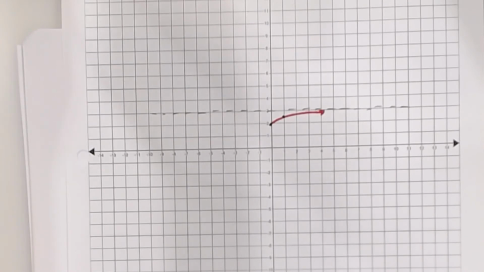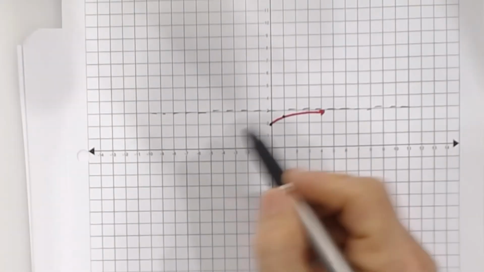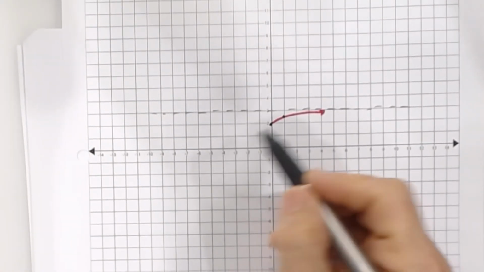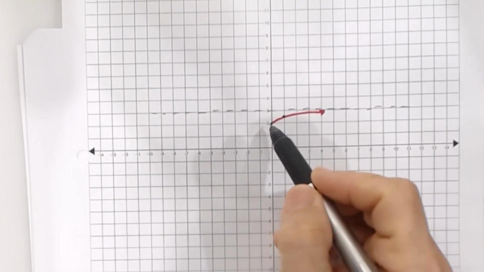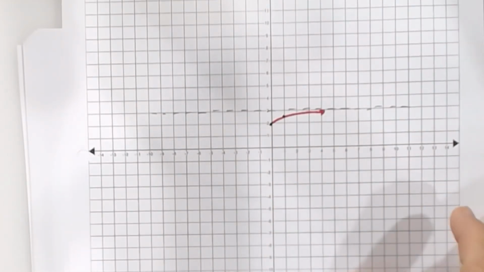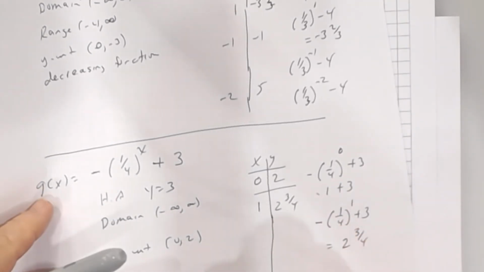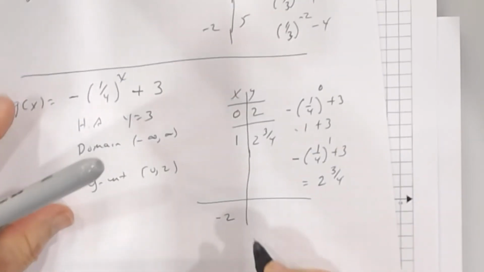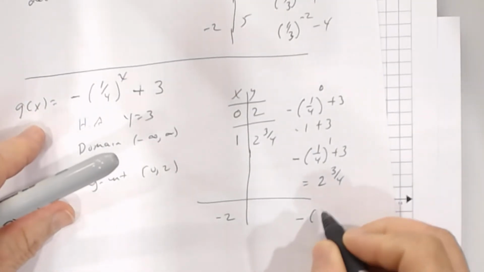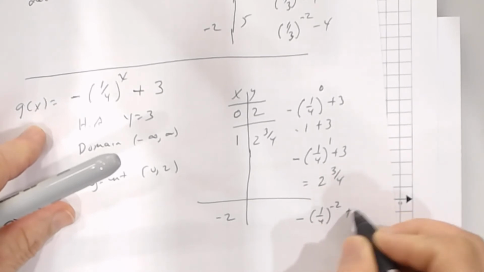That's all you do. So give me an x value to the left of this y-intercept. Negative 2, okay? If x is negative 2, I get negative 1/4 to the negative second plus 3.